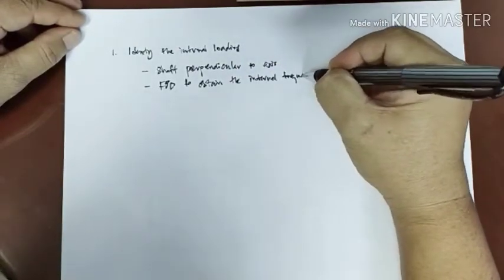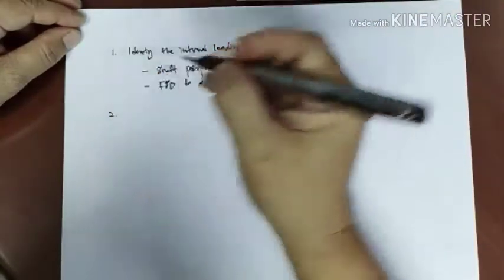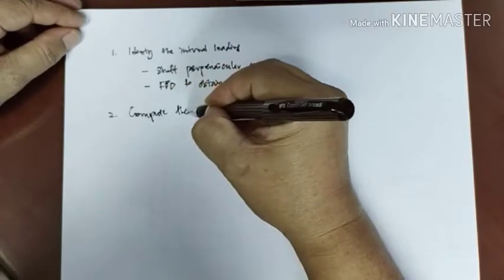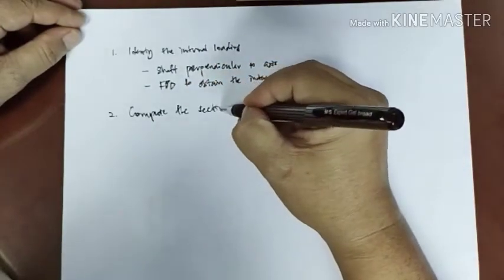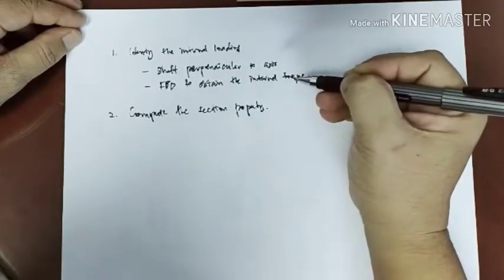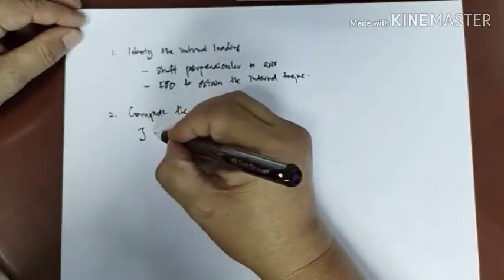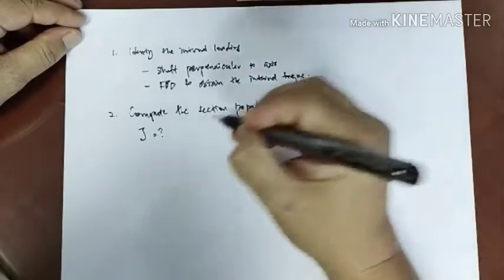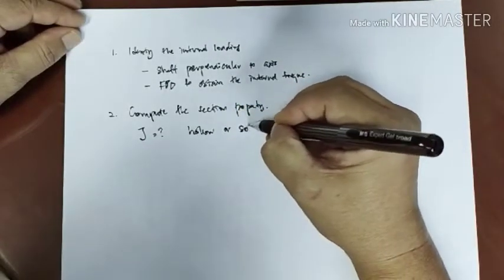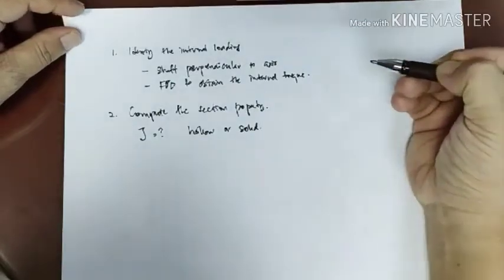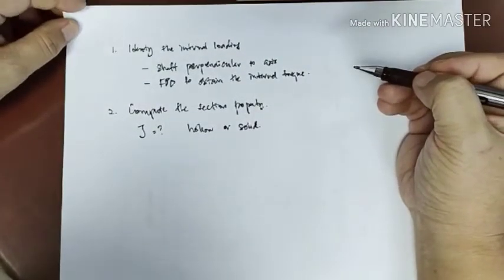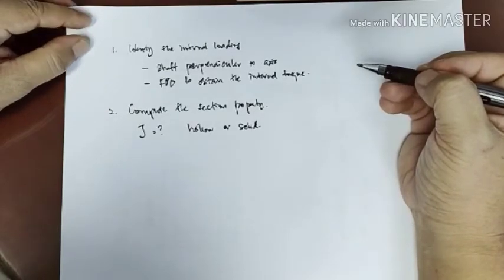Secondly, we compute the section property. So what are the section properties? The J. Is it hollow or solid? Use the appropriate equation to calculate the section property.